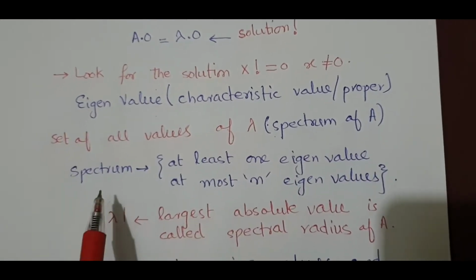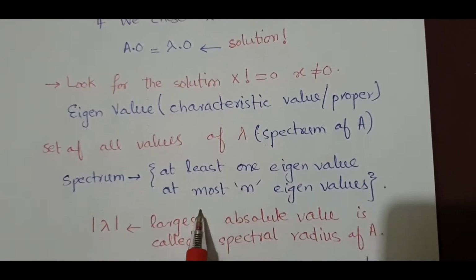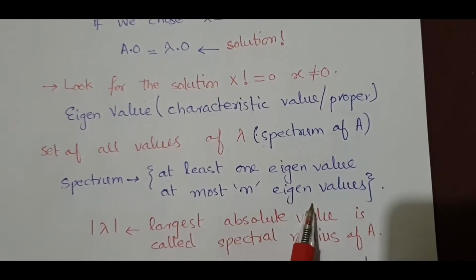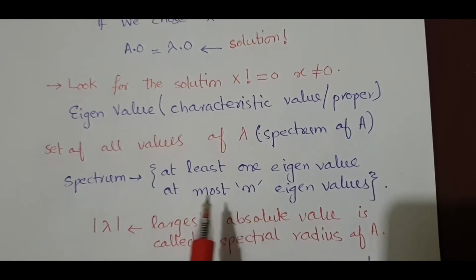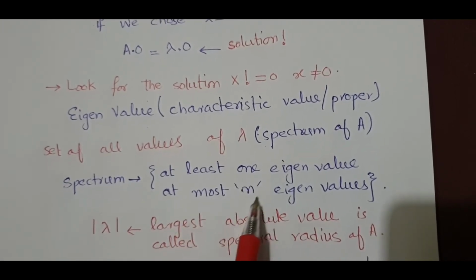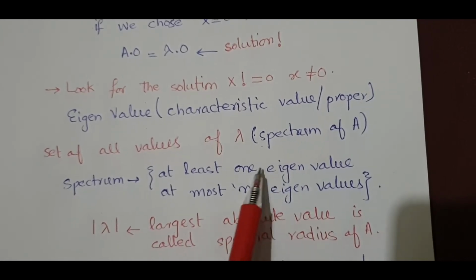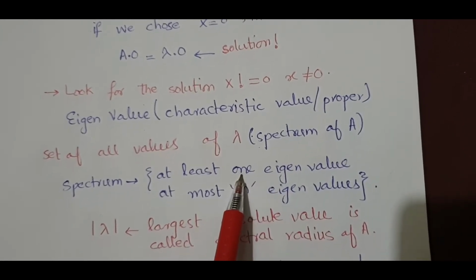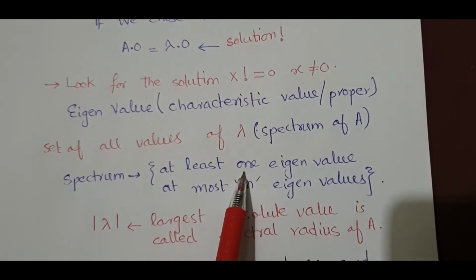So the spectrum basically consists of at least one eigenvalue or at most n eigenvalues. If your system is a square matrix of order n by n, then you can have at most n eigenvalues and at least one eigenvalue. It can be the case that the rest of the eigenvalues are equal to 0.